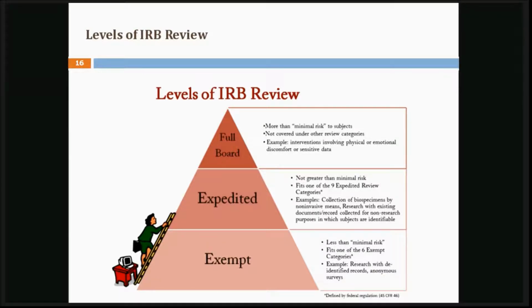The exempt type review is what most of my students do, if they have to do IRB review at all. Although we conduct interviews, talk with people, and collect information from people, our research project will not pose any potential risk to the human subjects involved, or because all the information is anonymous.